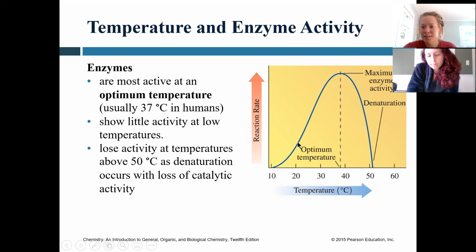Sort of shuts down. If we go higher than 50 degrees Celsius, remember that was that denaturation cooking temperature, we have sort of cooked ourselves or cooked the enzymes. So the body doesn't want to get hotter than that. The body likes to stay in this sort of narrow range of optimal temperature for enzymes.